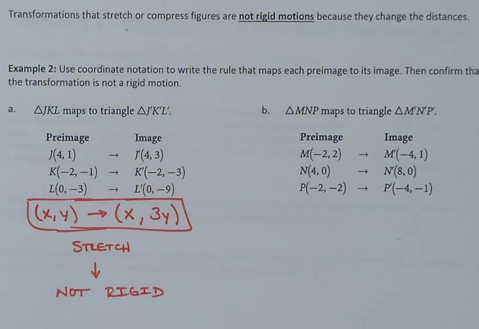And then just know that a translation, a reflection, and a rotation is rigid. A stretch or a compression in regards to a dilation is not rigid. So that means whenever you multiply or divide, it's not rigid. Add, subtract, or changing the sign is rigid.